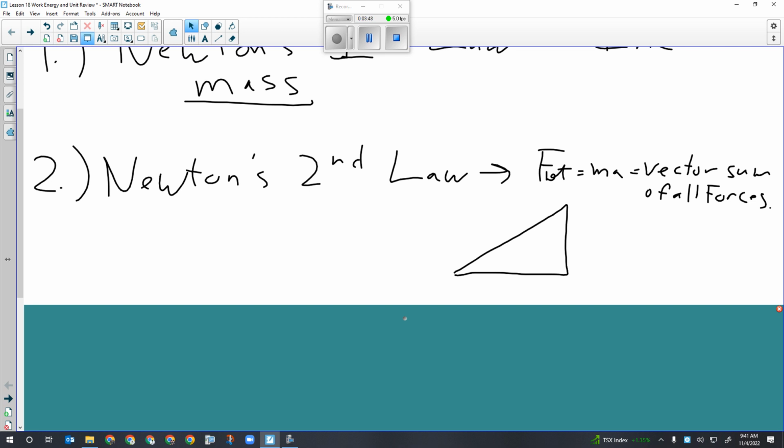There's some vector stuff in there. There's m times a, there's sum of all forces. I can even work friction into one of those if I want to. They're kind of one of those does-it-all type of problems, so expect to see one for sure.